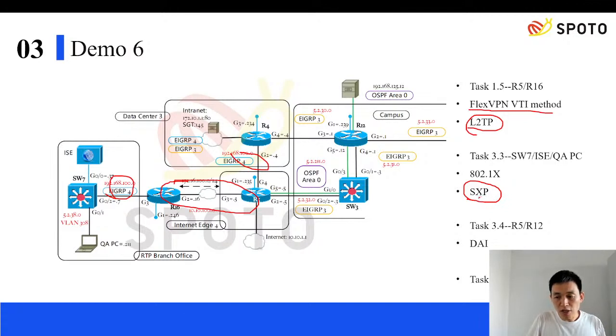Once authenticated and authorized from ISE successfully, the client needs to access the intranet server as well. The QA PC needs to access the intranet server. That's why we need to configure task 1.5 first, as the traffic goes through those devices.